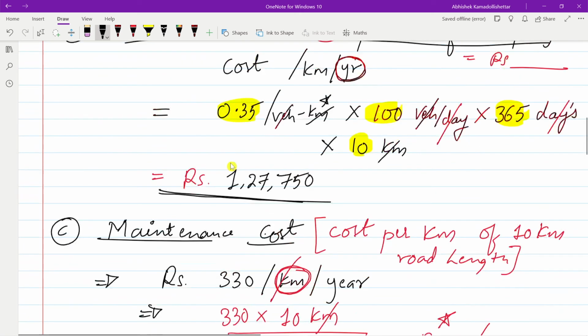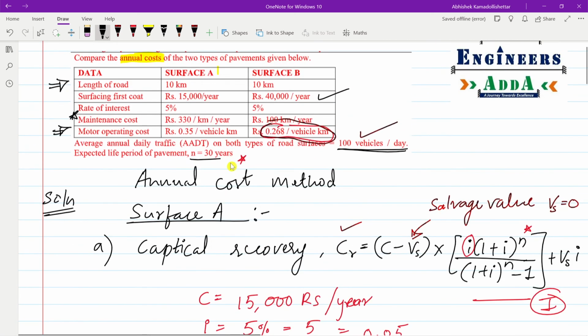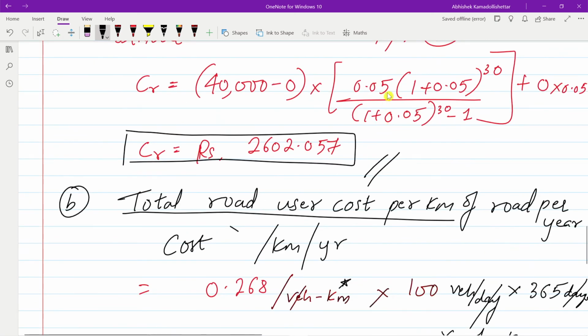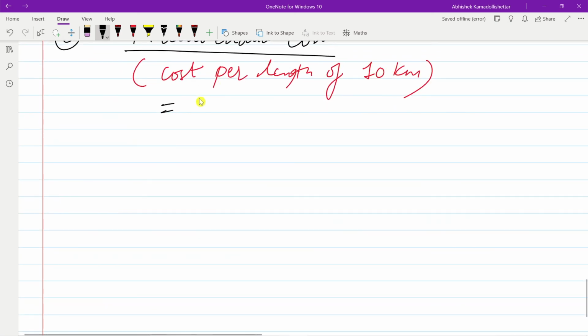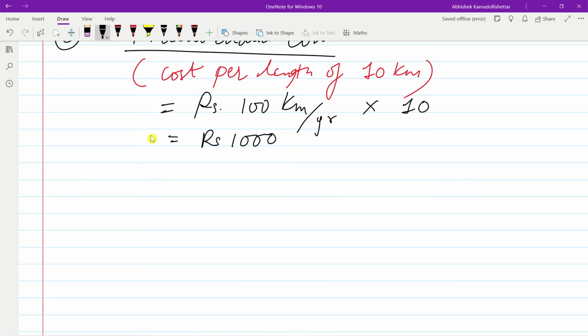Let's see the maintenance cost for surface B. It is rupees 100 per kilometer per year. You have to multiply by the number of kilometers, so 10 kilometers. So this is rupees 1000.